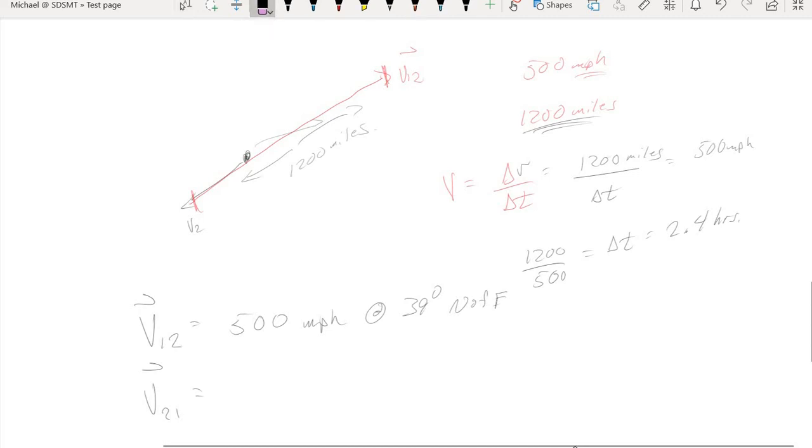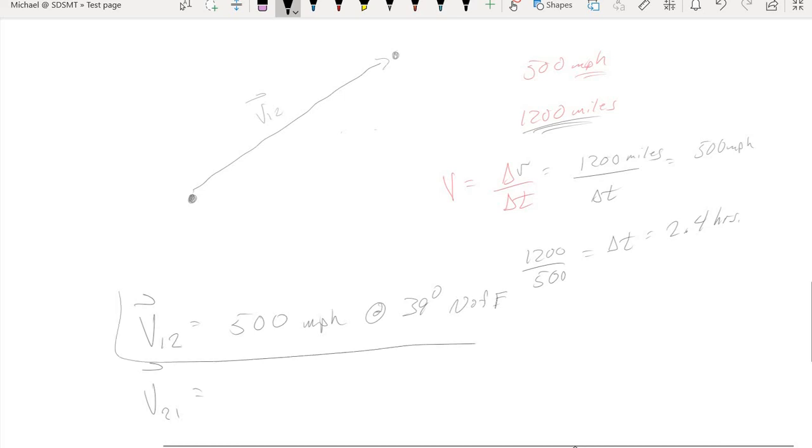But let's go back to this picture that we had up here, and I'll clean it up again. If we are on plane 2, looking at plane 1 as it travels away from us, that's the velocity v12. That's what we've already calculated.